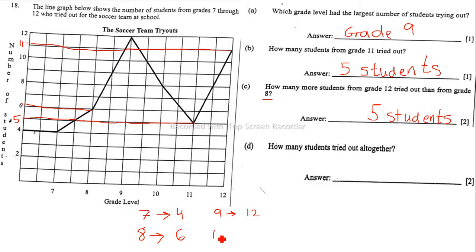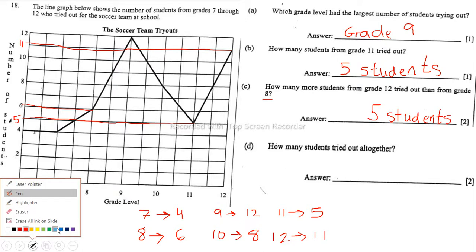From grade 10 we have 8. From grade 11 we have 5. And from grade 12 we have 11. So let's add all of them together.